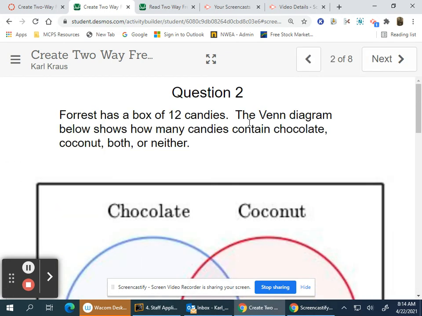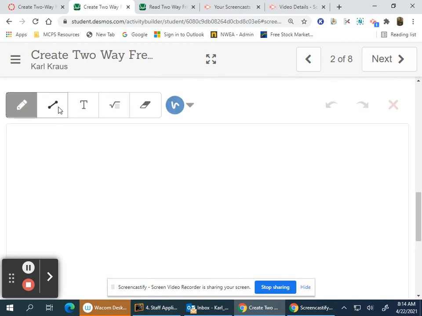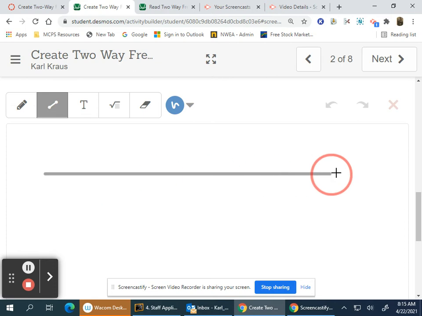All right, same thing with this Venn diagram. I'm going to use this sketch box here to help me.